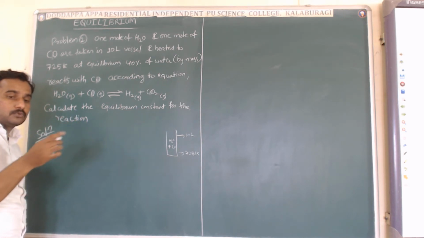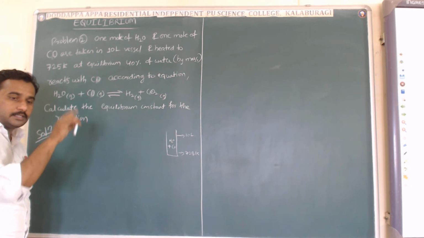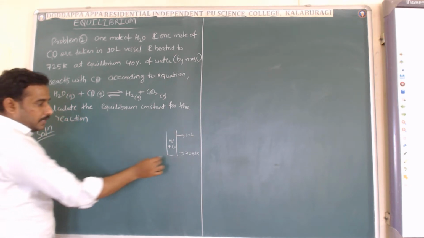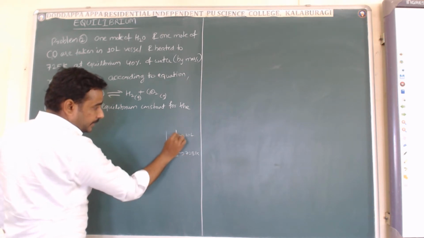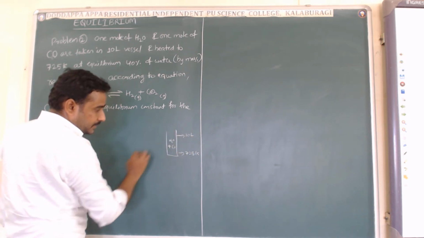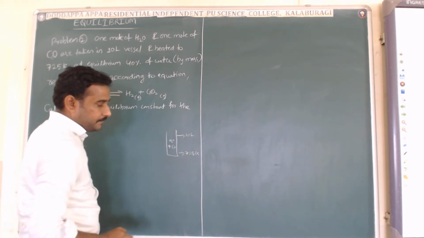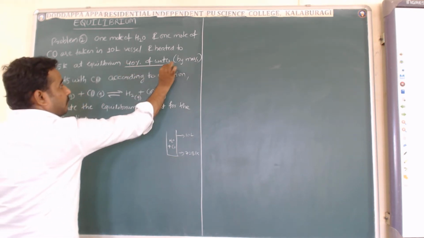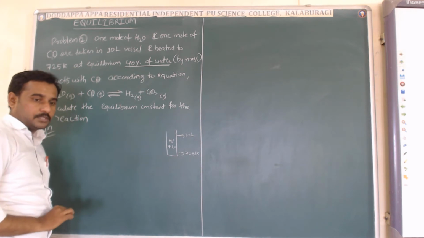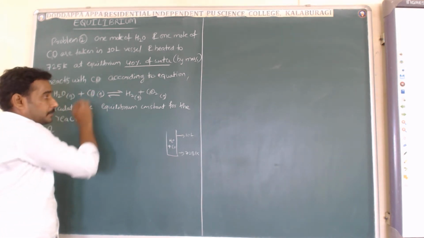They are telling you to find the equilibrium constant, that is our Kc. They have given 1 mole of H2O and 1 mole of carbon monoxide, taken in a 10-liter vessel and heated. When it is heated, only 40% of the water reacts with the carbon monoxide.